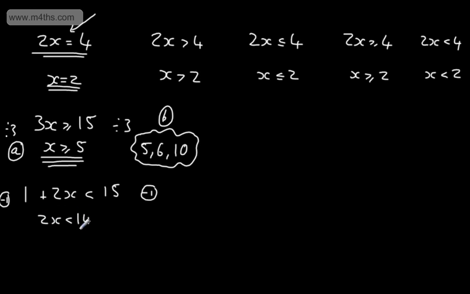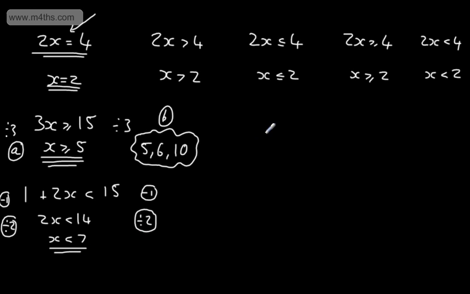So what I'm looking to do, as I would with an equation, is isolate the term in x. I would then divide both sides of the inequality by 2. No sign change because we're dividing by a positive number, and that would give us that x is going to be less than 7. So that solves the inequality for us.